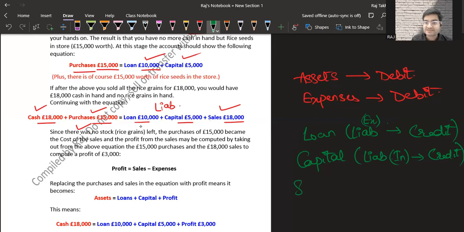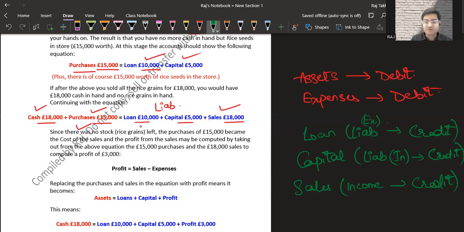And similarly sales, being an income, or a source of revenue, also has a credit nature. So what I am trying to get at is, all the left hand side items will be recorded in the form of assets and expenses. And all the right hand side heads of accounts, which are in the form of liabilities and incomes, will all be recorded together, and the sum total of these elements on the left hand side and on the right hand side will always be equal.